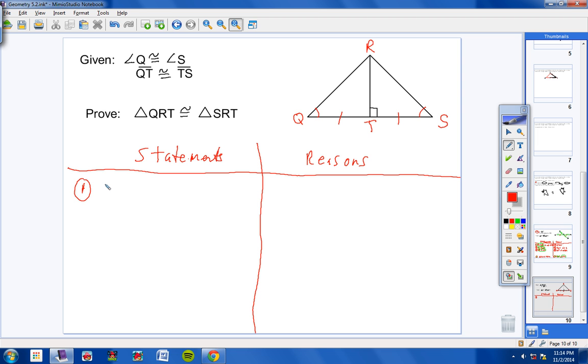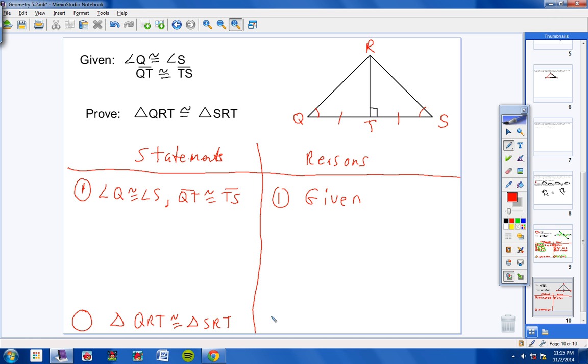So anyone can go like this. Angle Q is congruent to angle S, and segment QT is congruent to segment TS. Okay, anyone can do that. Now, students, I know in the end here, I'm going to have triangle QRT is congruent to triangle SRT.